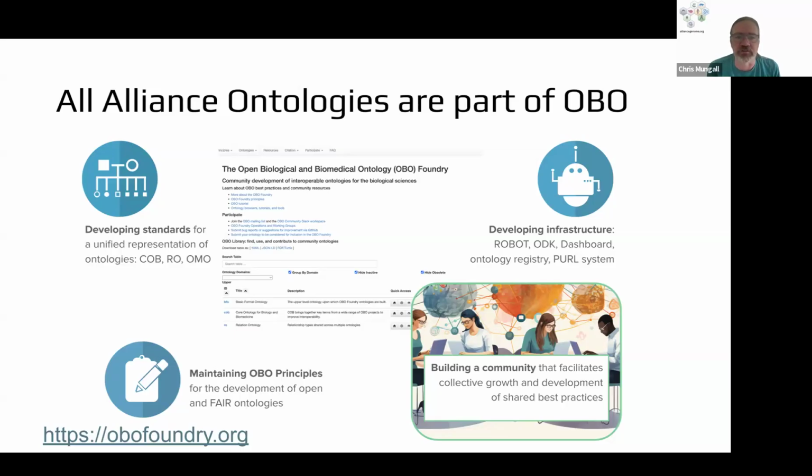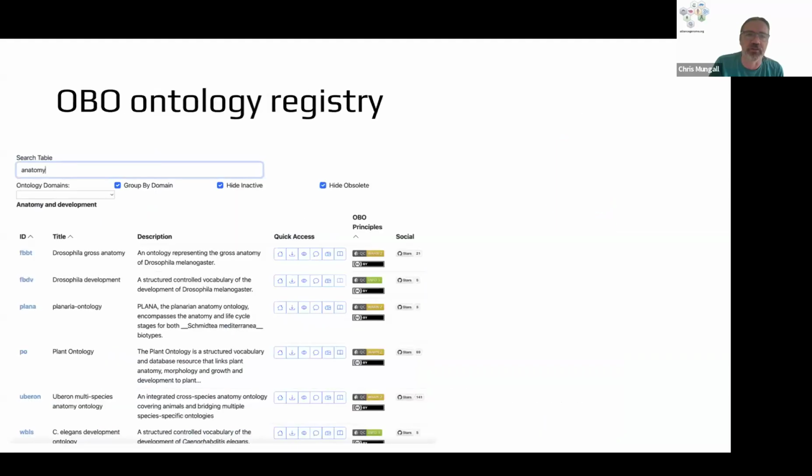And one of the key parts of OBO is this notion of the OBO principles that allow us to actually concretize this concept of FAIR: findable, accessible, interoperable, and reusable. We have our own set of principles essentially for OBO ontologies, and we have dashboards that show which ontologies conform and so on. And you can explore this on the OBO site itself.